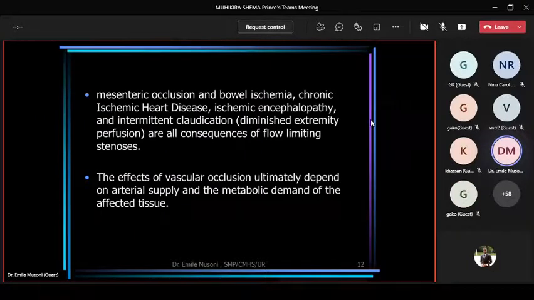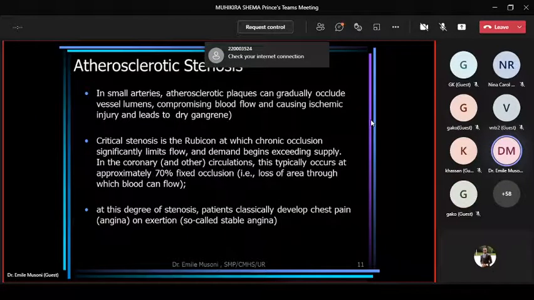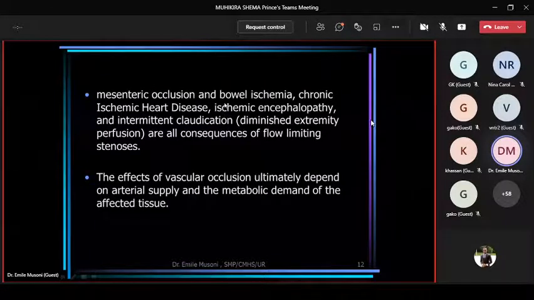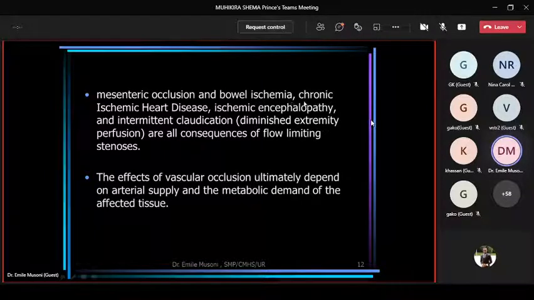Apart from the coronary artery, it can also cause mesenteric occlusion in the intestine, with bowel ischemia. There will also be chronic ischemic heart disease in the coronary artery, ischemic encephalopathy when it is in the brain, and intermittent claudication in the lower limb.